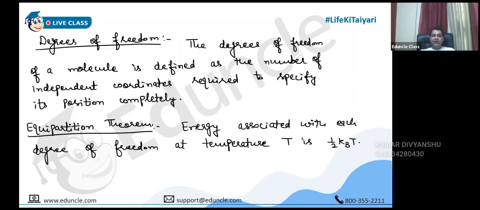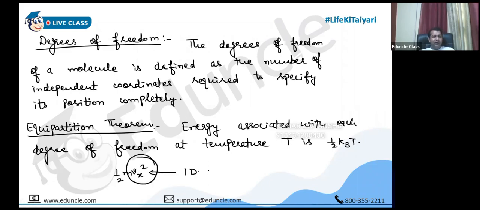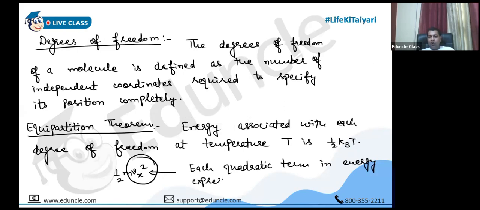Now there are various ways to calculate the degrees of freedom. You can also say like this: each quadratic term in the energy expression corresponds to 1 degree of freedom. For example, when you write the kinetic energy in this manner, this is a quadratic term because it is dependent on vx square, so this corresponds to 1 degree of freedom.